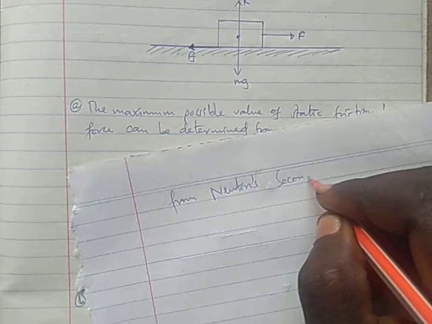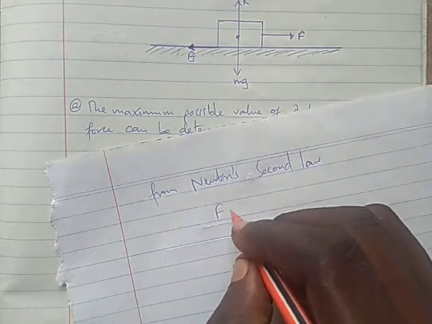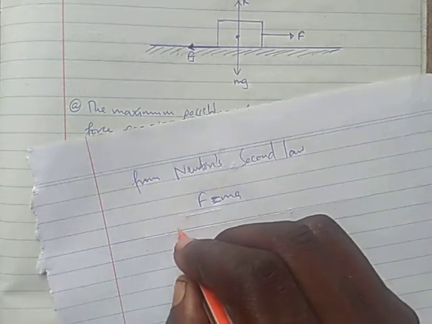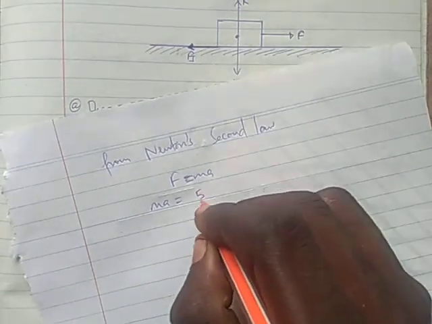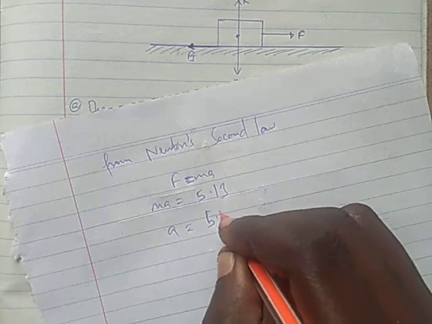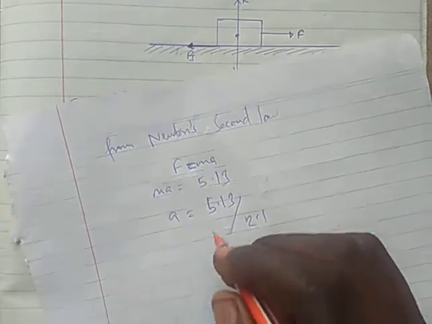Sasa tukiwa tumeshapata hiyo net force, tunakuja tunasema kwamba from Newton's second law, F is equal to mass times acceleration. So mass times acceleration itakuwa sana our answer 5.13. Acceleration will be 5.13 divided by mass, which is 2.1.